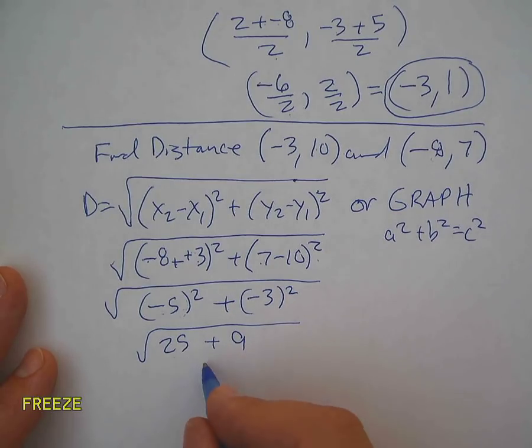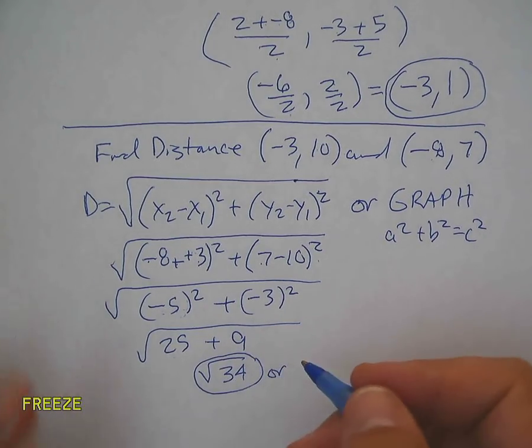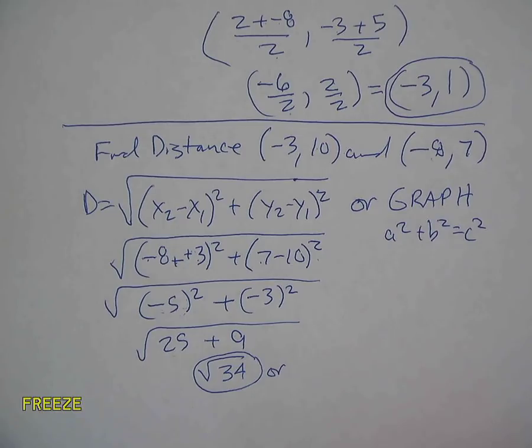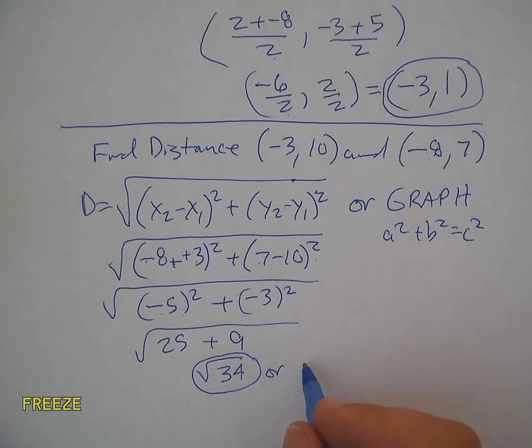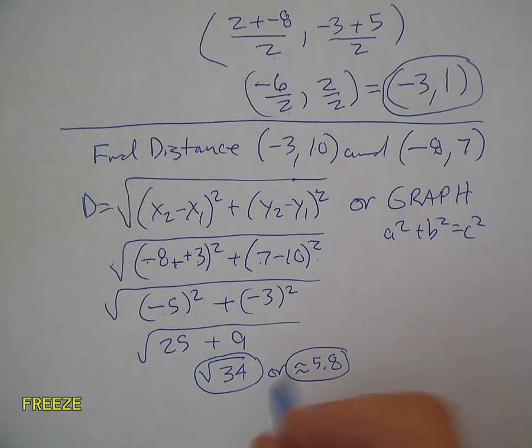So I end up with, add these together, the square root of 34. So this could be my answer. Or I could put it in a decimal. I could figure out what the decimal equivalent of that is, and that could be my answer as well. I believe that's approximately 5.8. If I'm wrong, you can have a donut point for that. I think that's what the answer is.